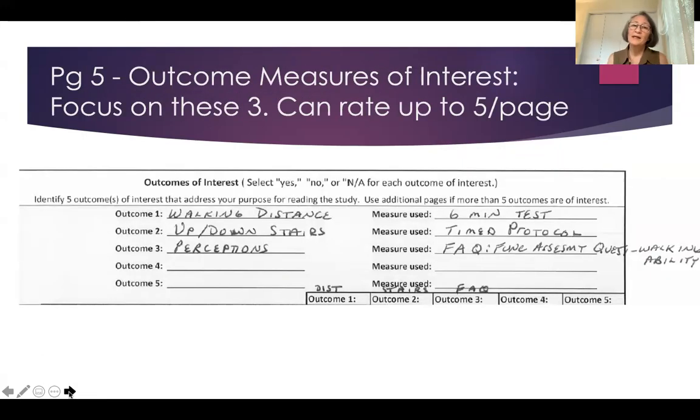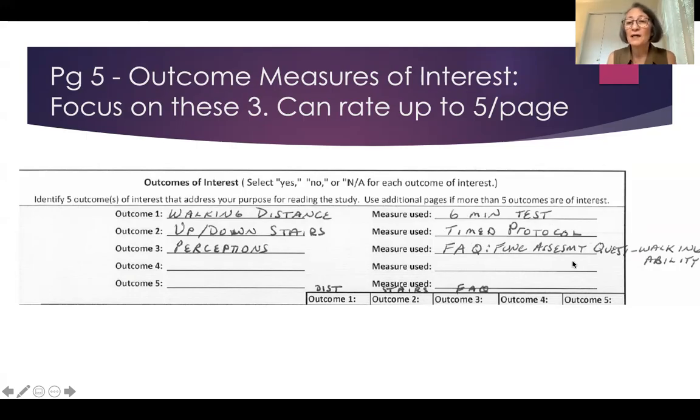So when we look at the second portion of the outcome measures, we might see that there are differences. So the 3 outcome measures that we are looking at in this study are the walking distance, up and down stairs, and perceptions. Walking distance was using the 6-minute walk test. Up and down stairs was a timed protocol.